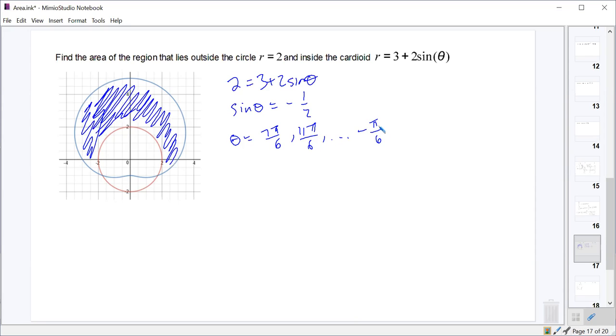All right. So take a second and see if you guys can figure out which limits you think we should put in order to figure this out.